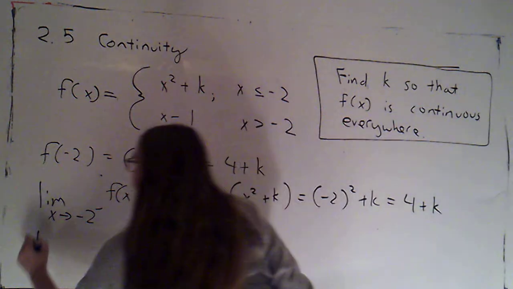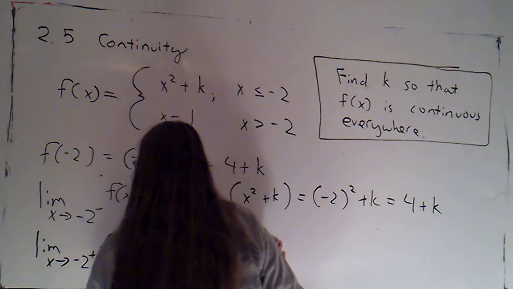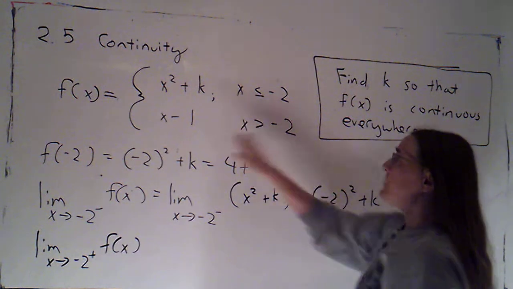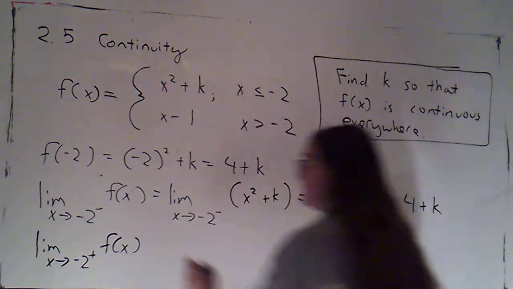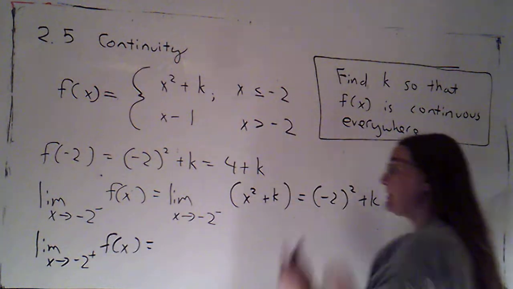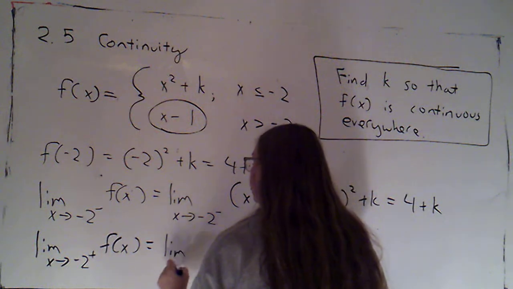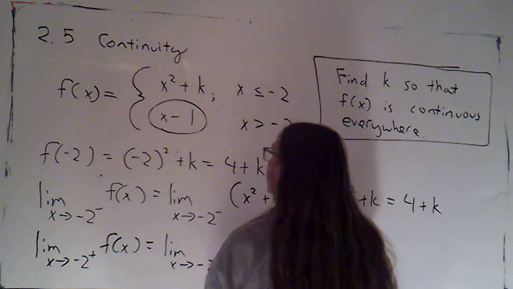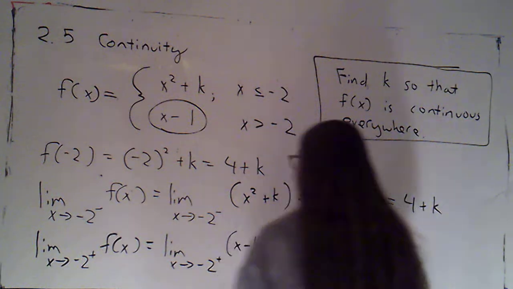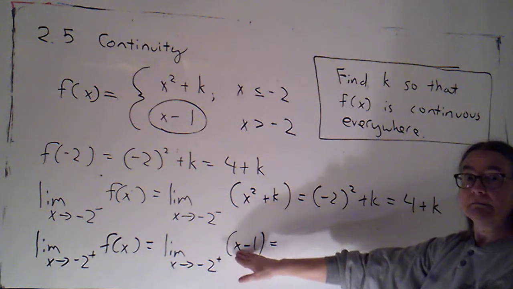Now let's take the limit from the right. If we're coming from the right, we're going to be using this bottom rule. So now, instead of replacing f of x with x squared plus k, I'm going to replace it with the formula for this line. So we're taking the limit as x approaches negative 2 from the right of x minus 1. I can evaluate that by simply plugging in negative 2.